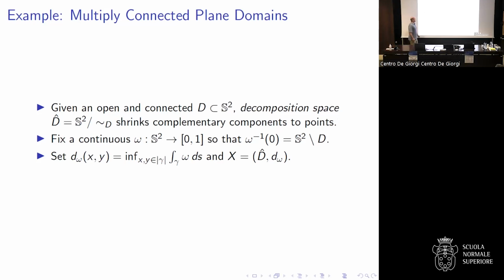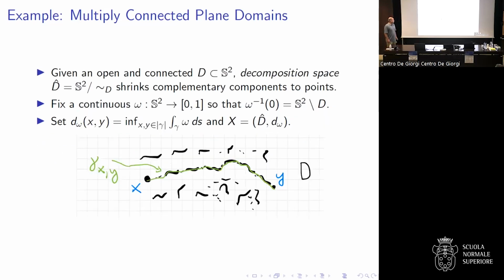And if the weight is bounded, which I assume here, then this shrinks the space, in particular it shrinks the complement of the domain. So this picture shows that you can use the complement of the domain kind of to take shortcuts. That's the idea. Which means that much of the space then gathers around the complement.